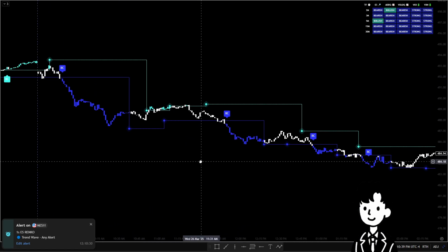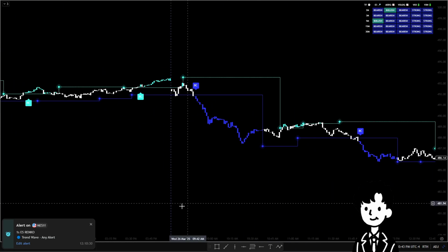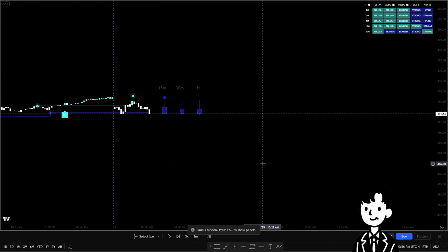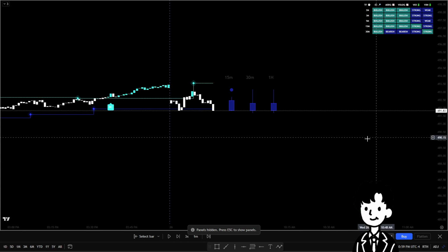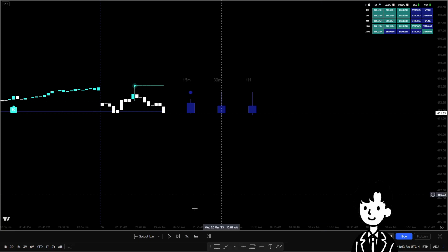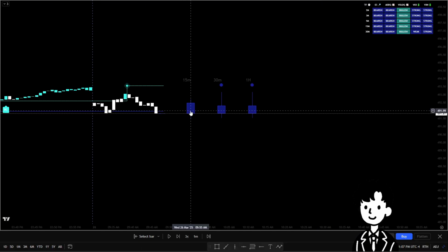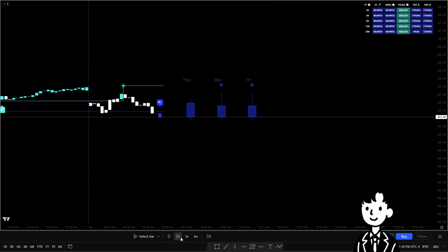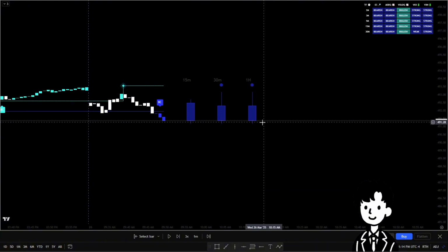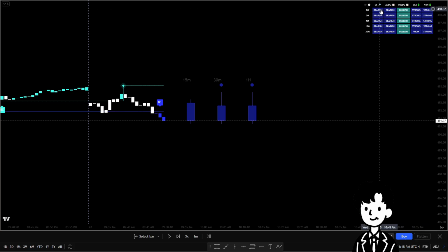Downside breakout here, chopped a bit, and then another downside breakout here. Let me do a little replay. You always gotta consult your confirmation, your multi-time frame candles here, your dashboard. On all your higher time frames, it's showing strong bearish sentiment, and then bearish, strong bearish.